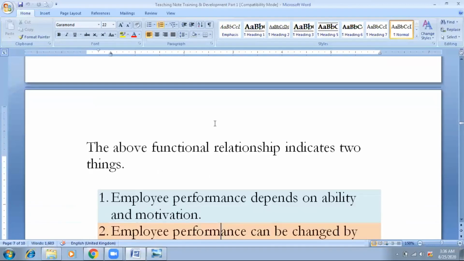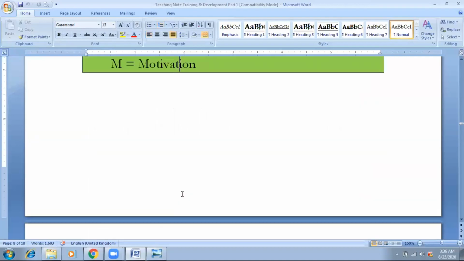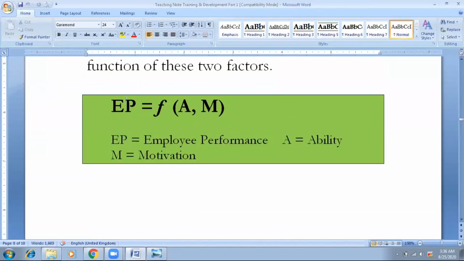This functional relationship indicates two things. First, employee performance depends on ability and motivation. Second, employee performance can be changed by changing the ability and motivation of the employee. By changing ability, we can change employee performance. By changing motivation, we can change employee performance.